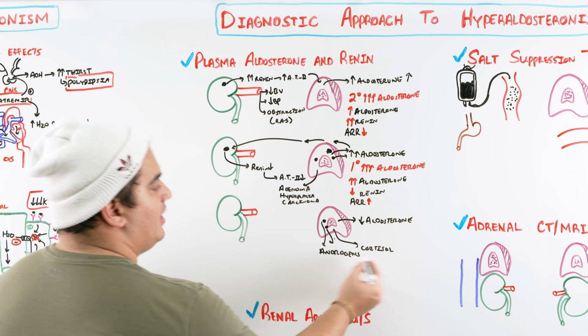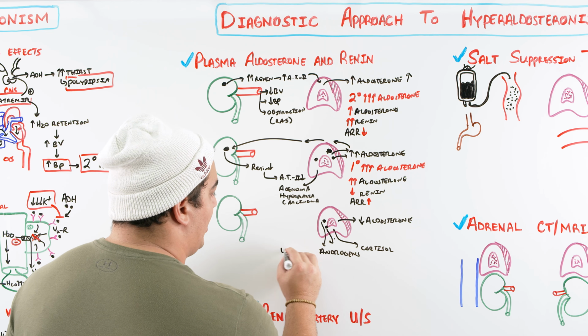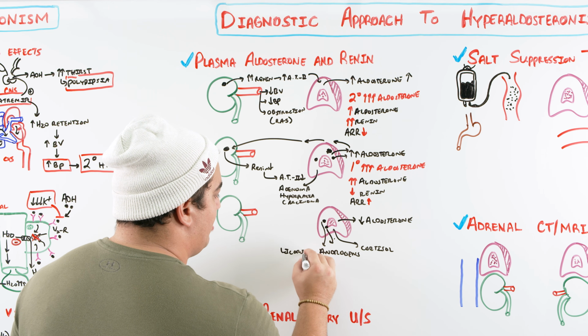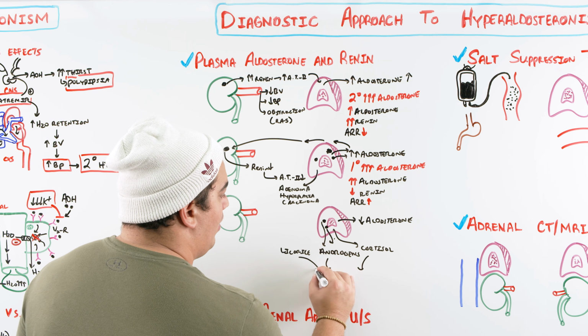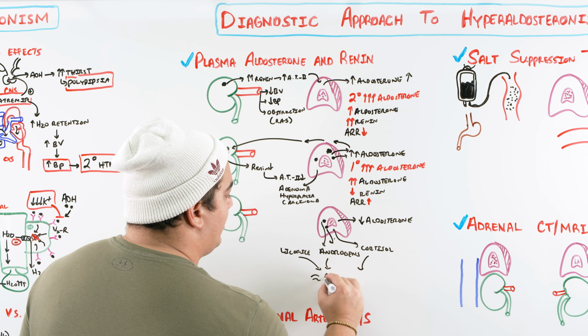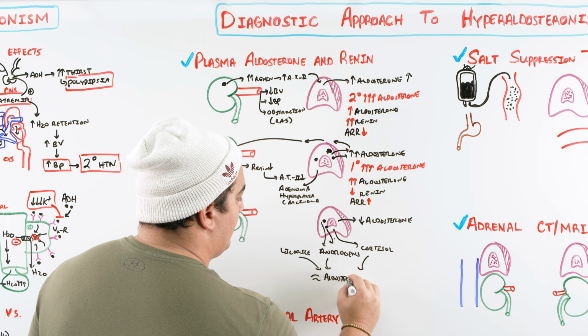Or a patient is eating massive amounts of licorice. I know this seems crazy, but massive amounts of licorice have the ability to have similar aldosterone properties.